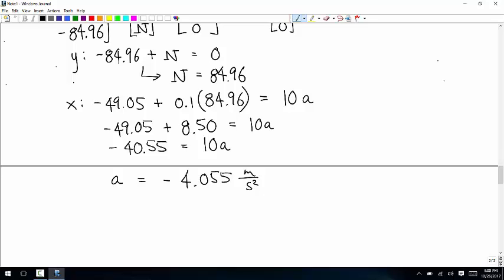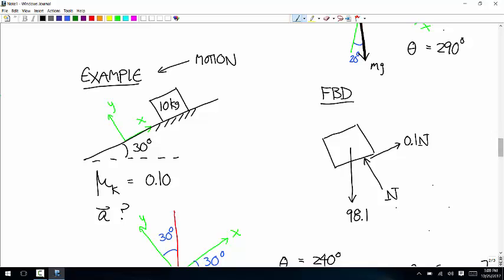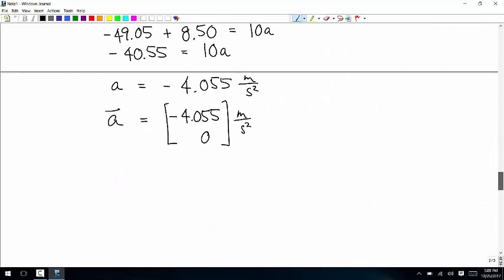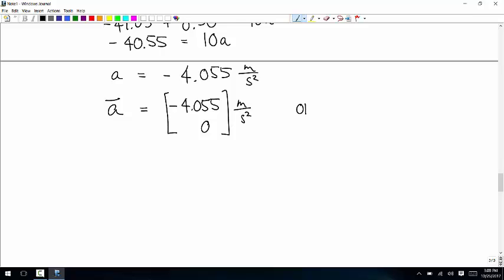And then plug that back into the acceleration vector, and you get negative 4.055 for x, 0 for y, meters per second squared. Or in other words, it's pointing in the negative x direction. The negative x direction is down the ramp. So it's accelerating this way with a magnitude of 4.055 meters per second squared.